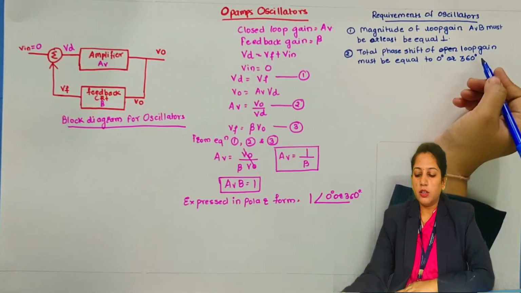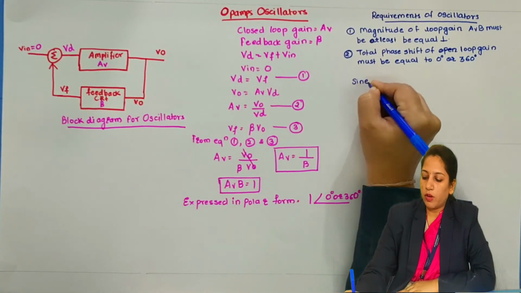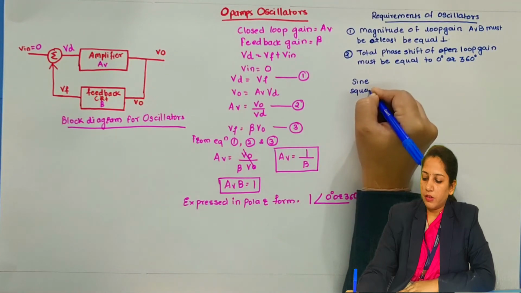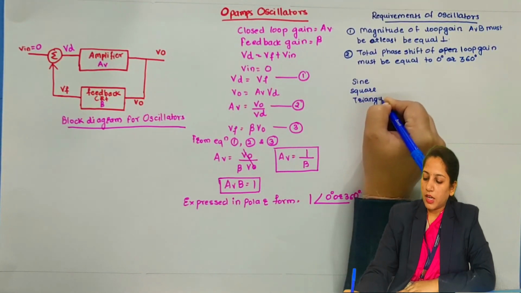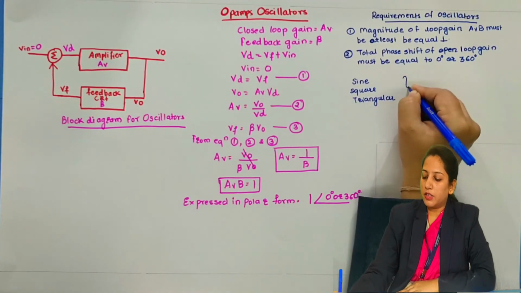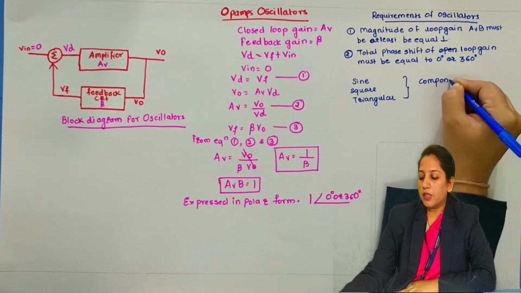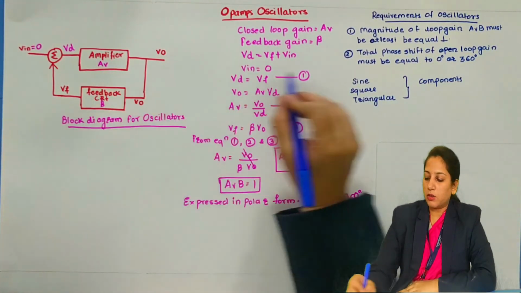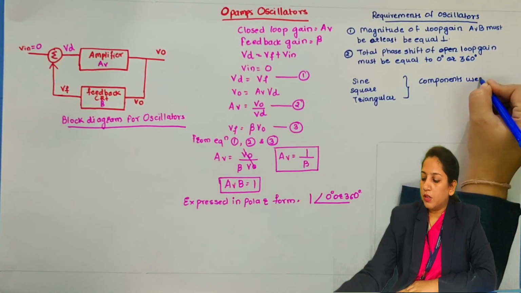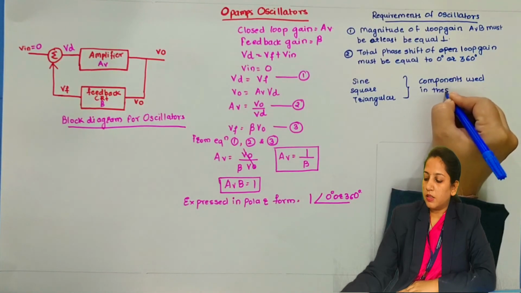The type of waveform, whether sine wave, square wave or triangular wave, depends upon the components used in the feedback circuit.